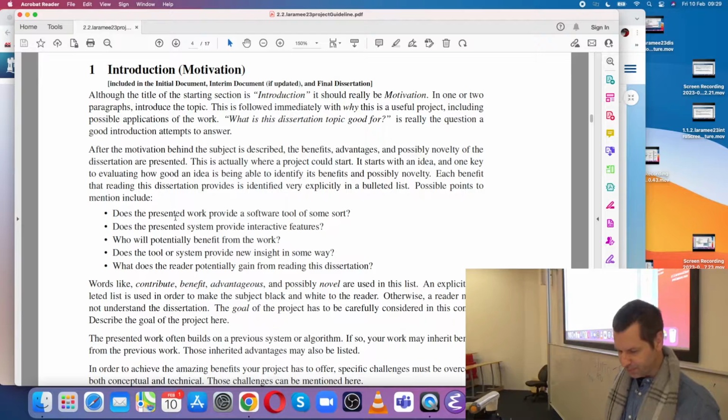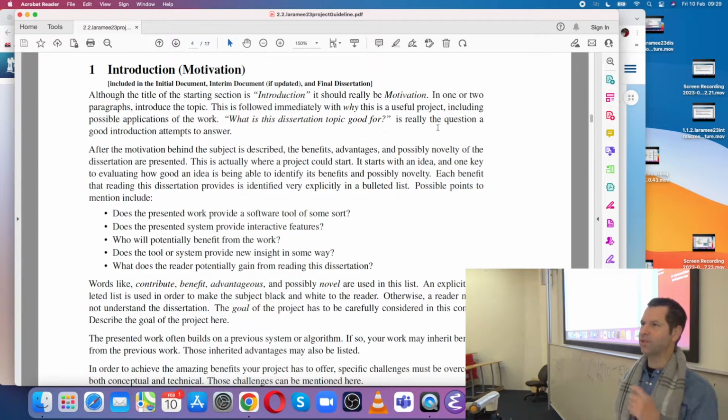Right? So it says introduction, it's really about motivation, right? Introduce the topic, followed immediately with why this is a useful project, possible applications. What is this dissertation topic good for? That is really the question we're trying to answer in the introduction. And then there are some questions you can think about.